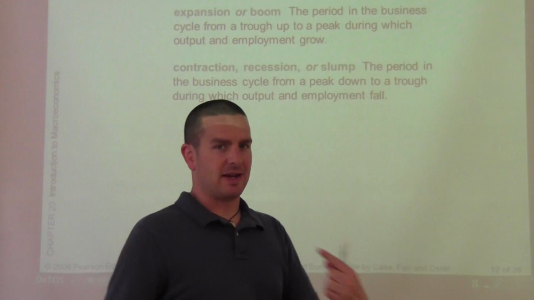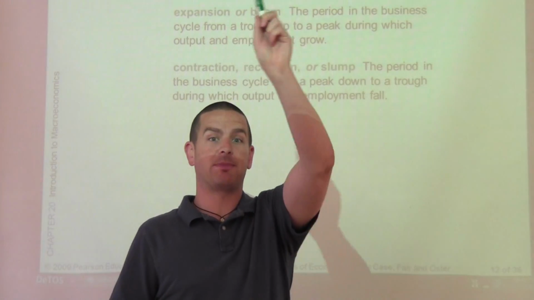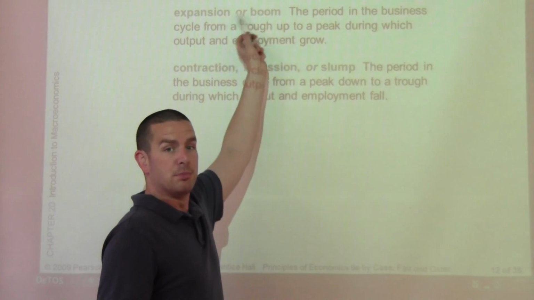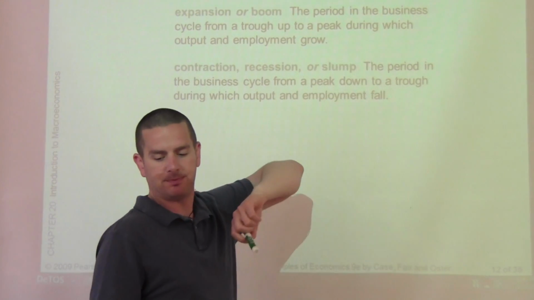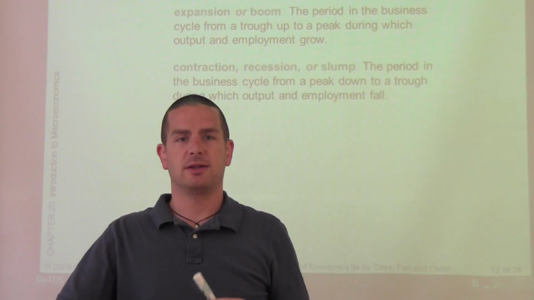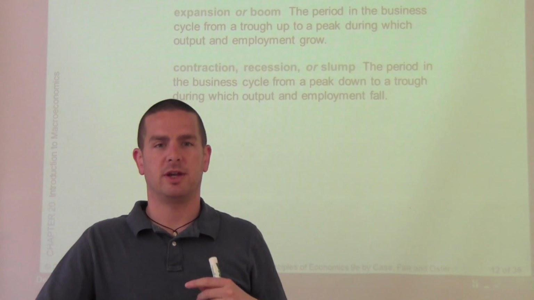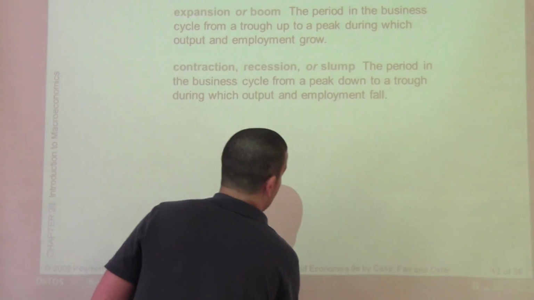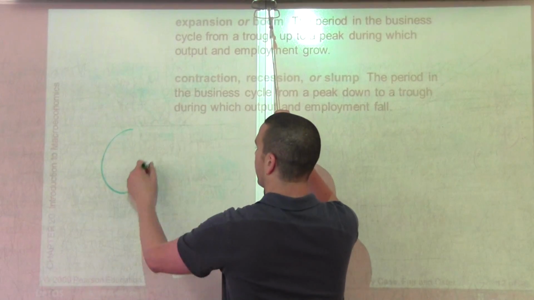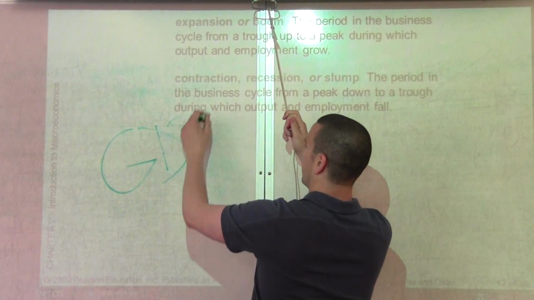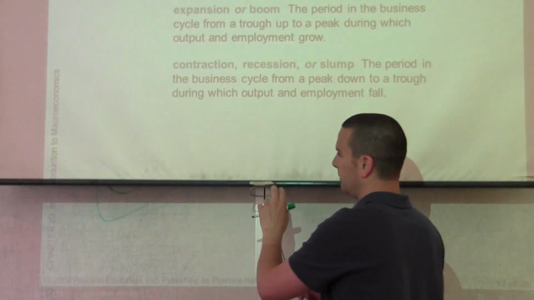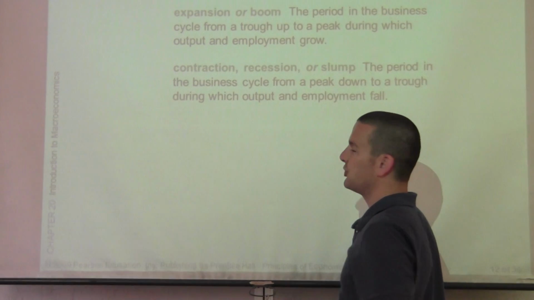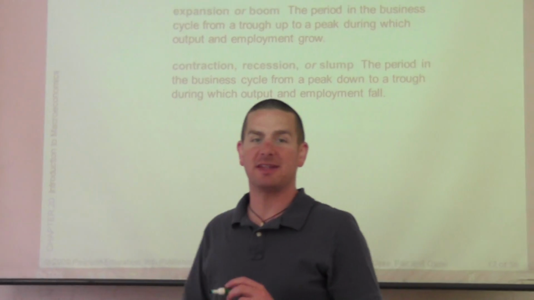Going back to the business cycle. When the economy goes up, the economy goes down, up and down. An expansion or a boom is when aggregate output, and another word for aggregate output is GDP, which we can write as GDP, which stands for Gross Domestic Product.